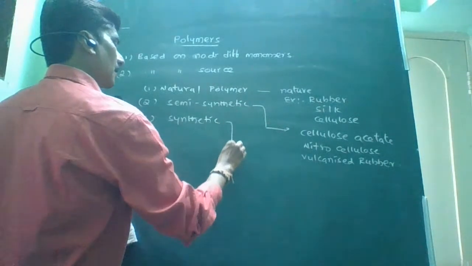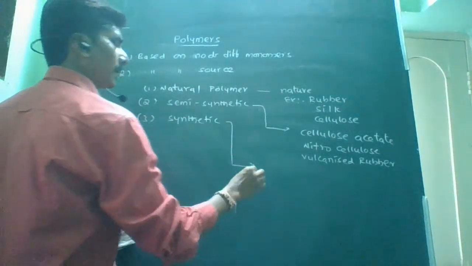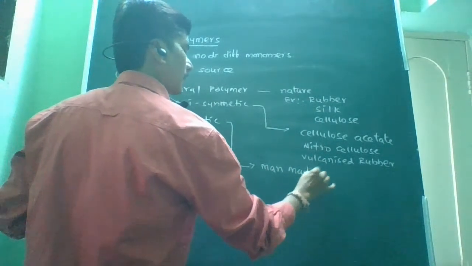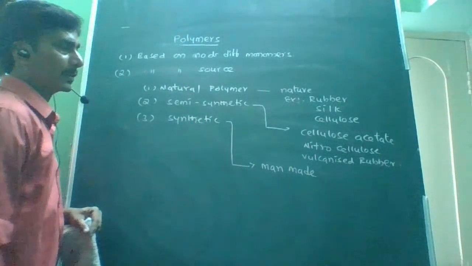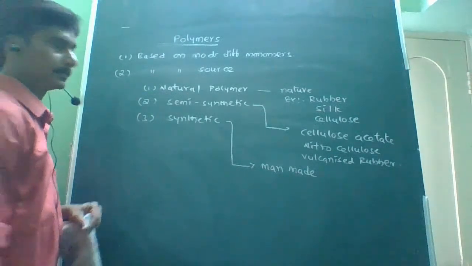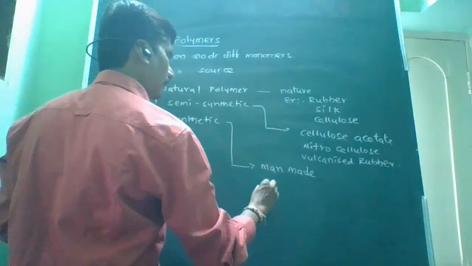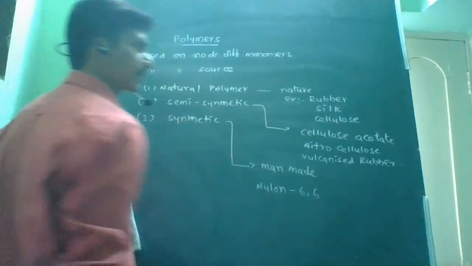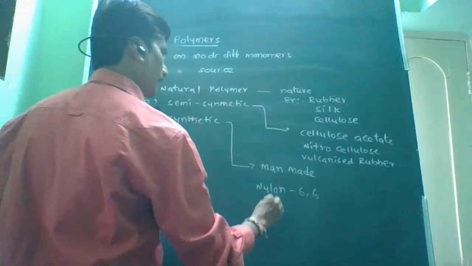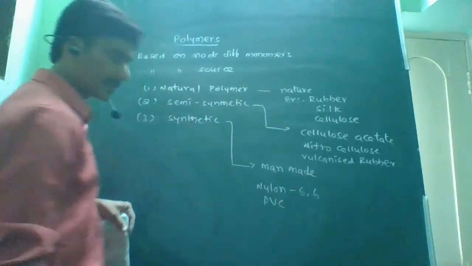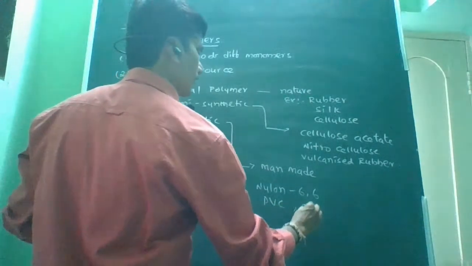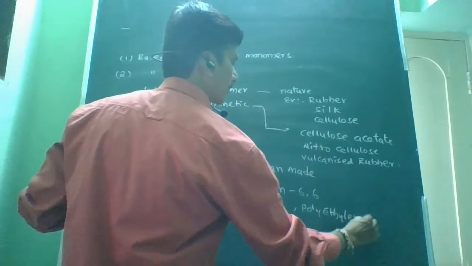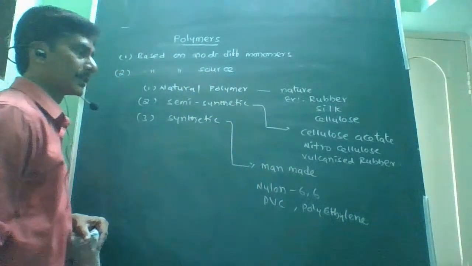Come to synthetic. These are man-made polymers. Examples: nylon 6,6, PVC, polyethylene, etc.